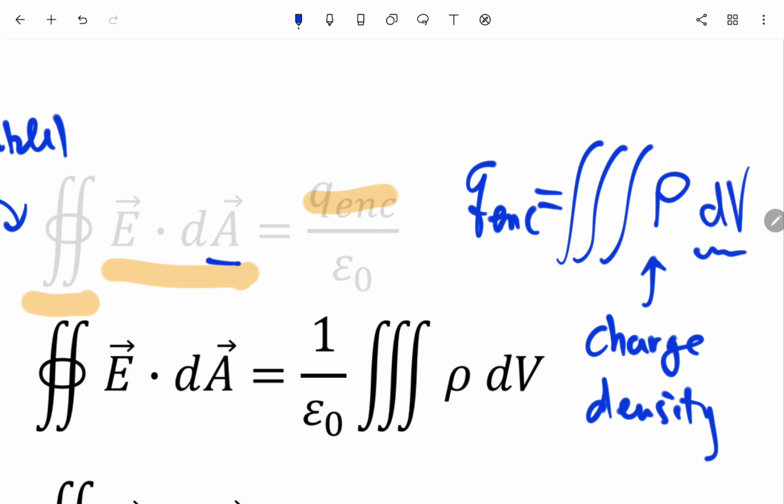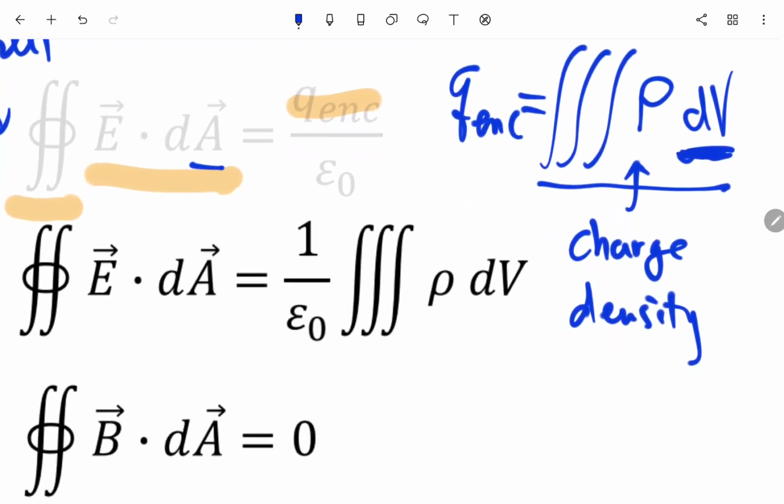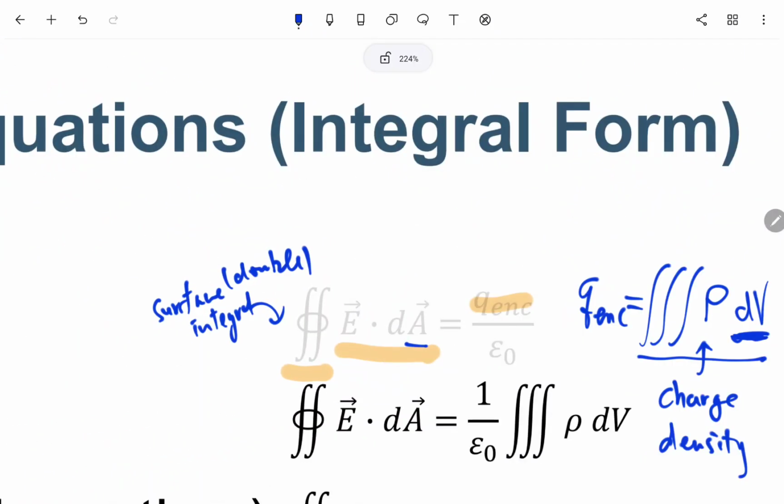So dV is a volume, so this is a three-dimensional thing. We need to integrate the charge density over a volume, and this volume is the volume enclosed by the Gaussian surface. So this triple integral will be the total charge enclosed by the Gaussian surface. So this is still okay.